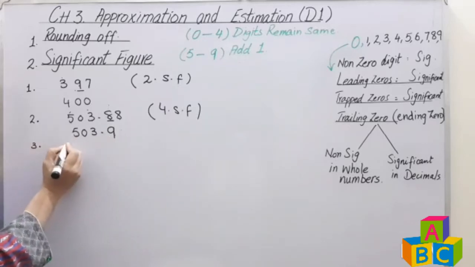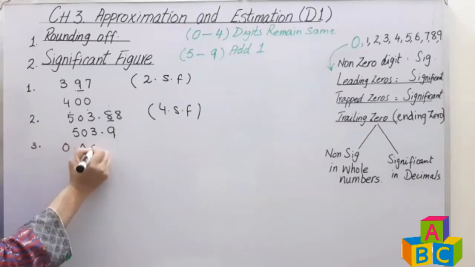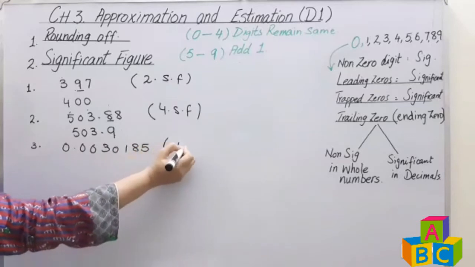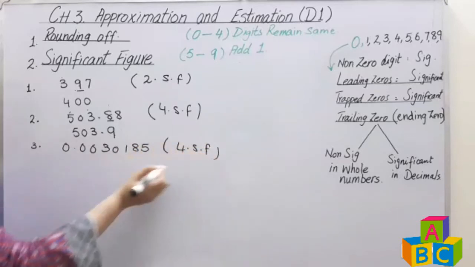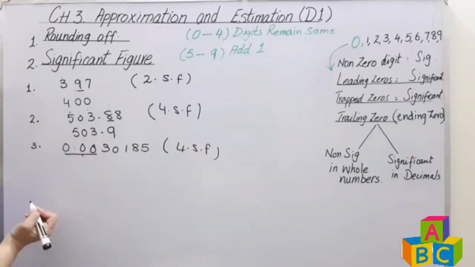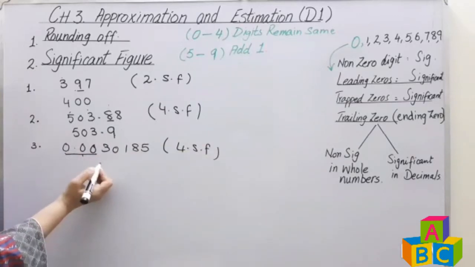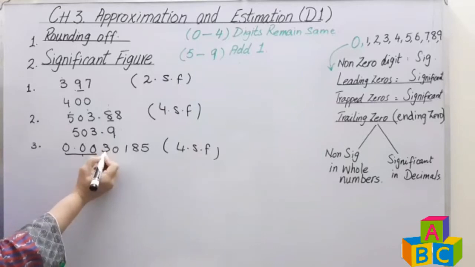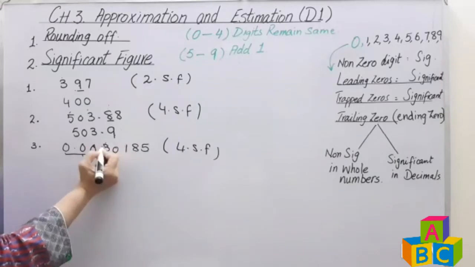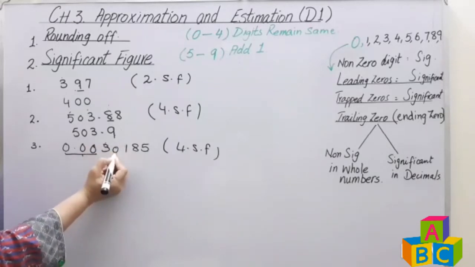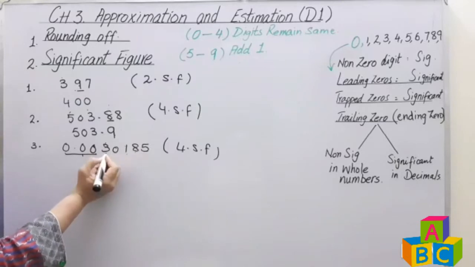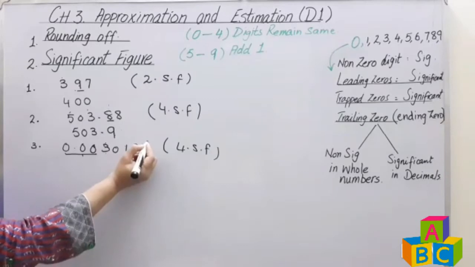Number 3 is 0.0030185. This is also 4SF. So these zeros are leading zeros. They are non-significant. Our first significant figure is this one: 1, 2, 3, 4. But between the two digits, trapped 0s are also significant. So 1, 2, 3, 4, 5. And this is our target number.